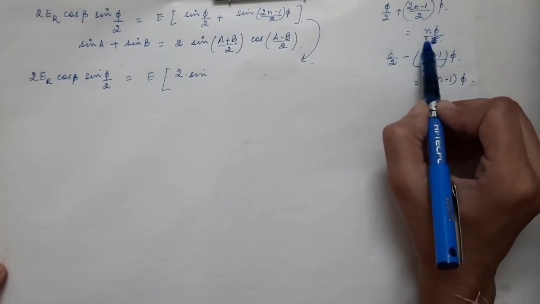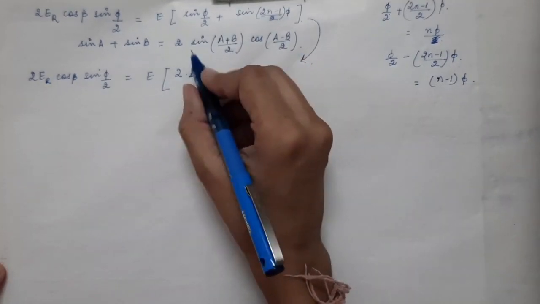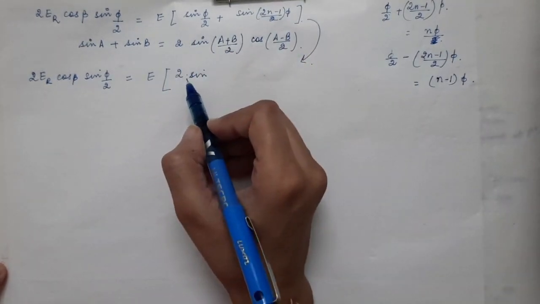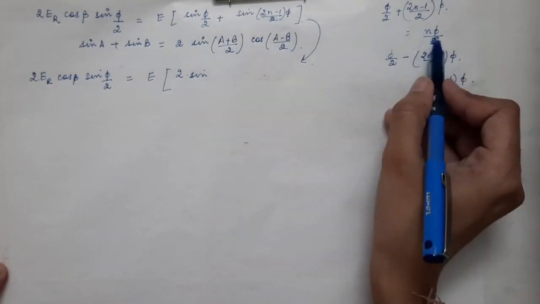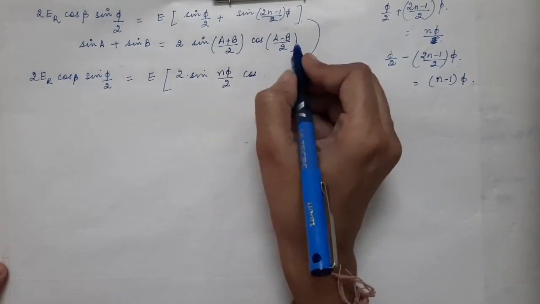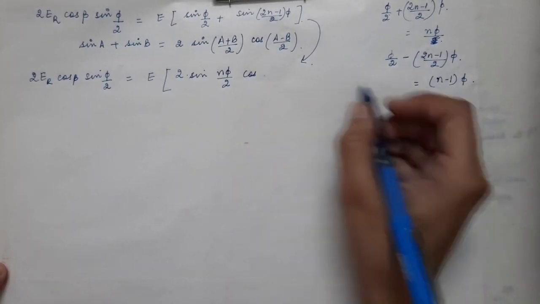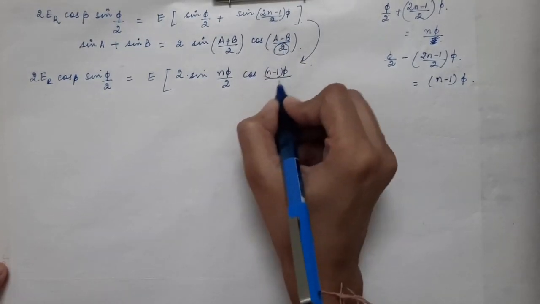So the right hand side will become twice of sine of (a plus b) divided by 2. Now what is a plus b? It is n phi. So n phi divided by 2 into cos of (a minus b), where a minus b is (n minus 1) times phi divided by 2.